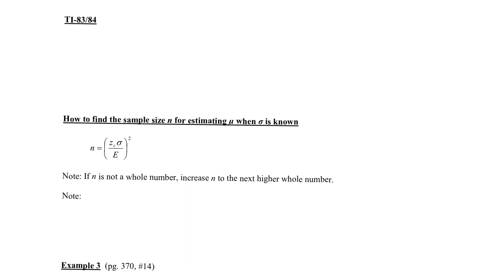So I'll give you the basic command here. You go to your stat menu, or the stat button on the calculator, and then we're going to go over to tests. And then we go to one that's called Z interval.